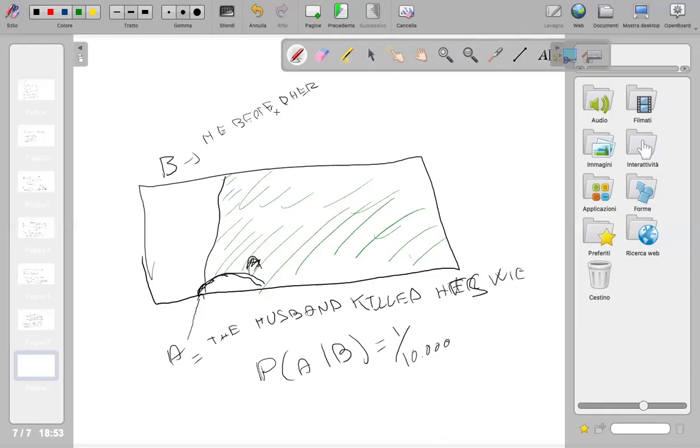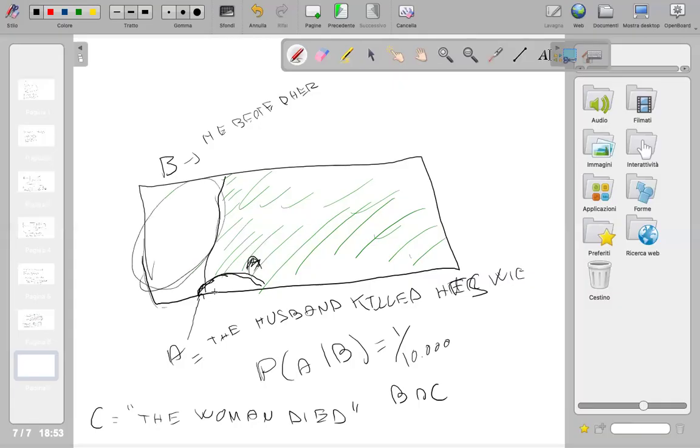But actually, we know much more. We are omitting the most important detail, which is that we also know C, that the woman died. So we know B and C. So we don't have all of this space here.